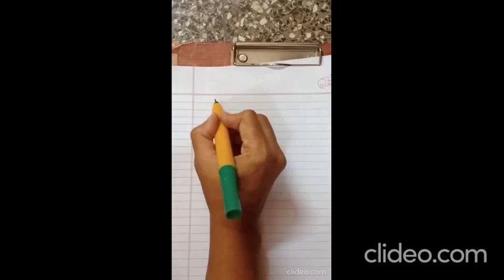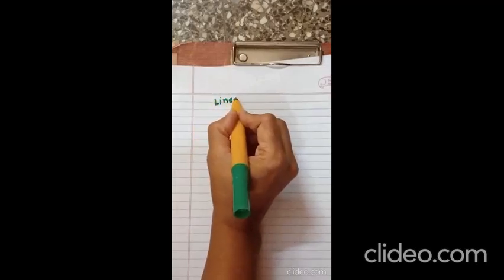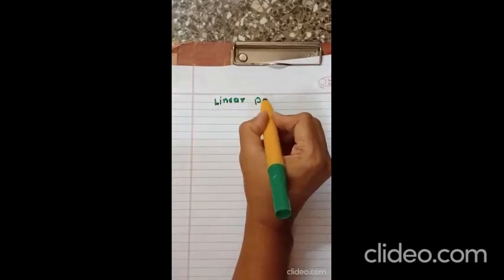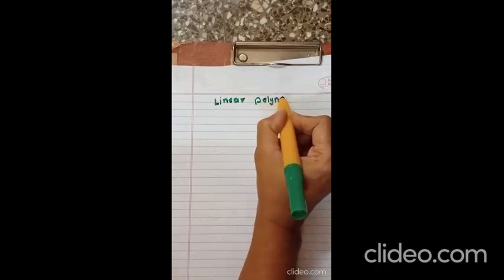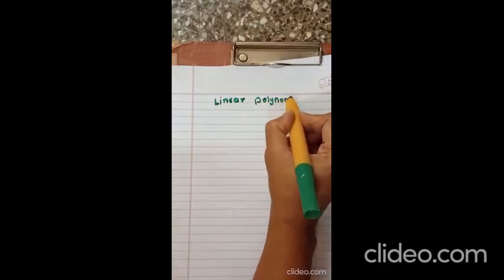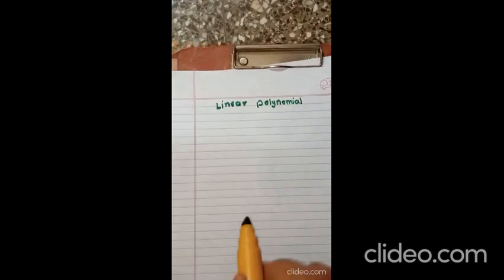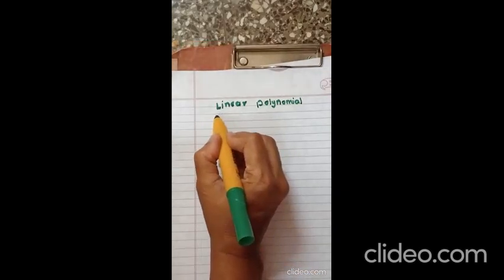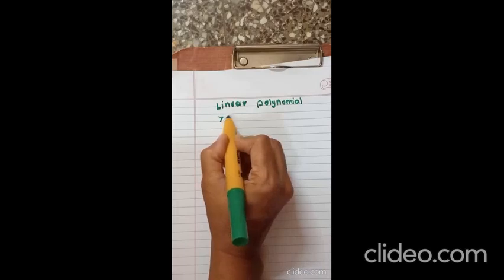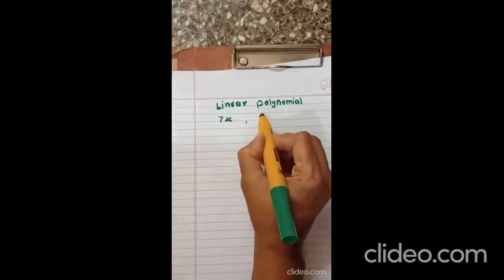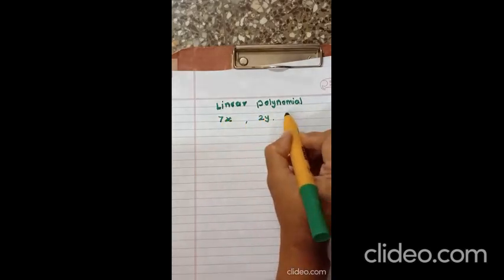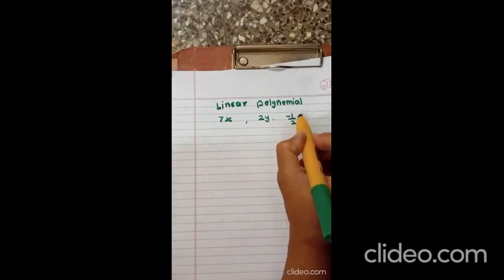Let us see what is a linear polynomial. A polynomial having degree 1 is called a linear polynomial. So take examples of linear polynomials: 7x, 2y, minus 1 upon 2x.